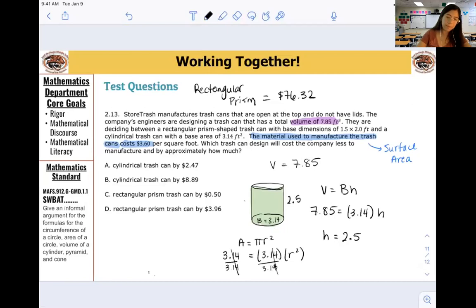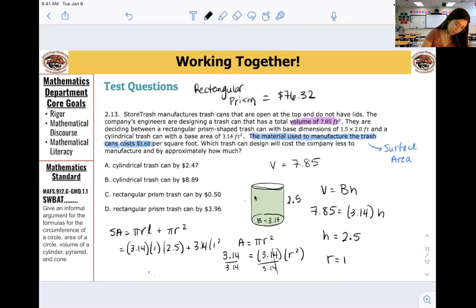And what do I get? Oh, the bell's about to ring. I get 1. So the radius is 1. And then you have to find the surface area. Long story short, surface area would be pi r l plus pi r squared. So that would be 3.14 times 1 times 2.5 plus 3.14 times 1 squared.